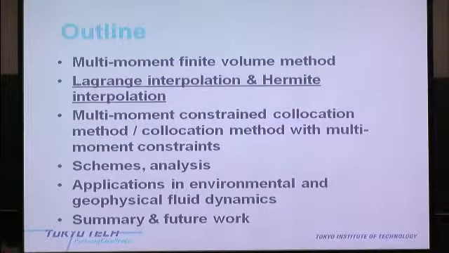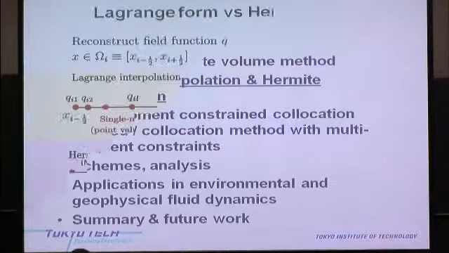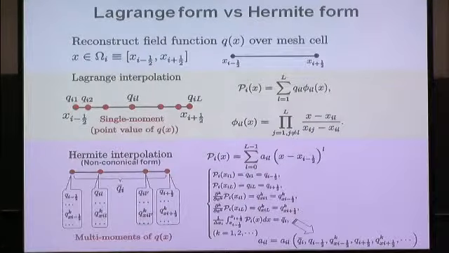So next, I will go to this story. But before that, I just want to show you very briefly some observations we can get for both Lagrangian interpolation and Hermite interpolation.